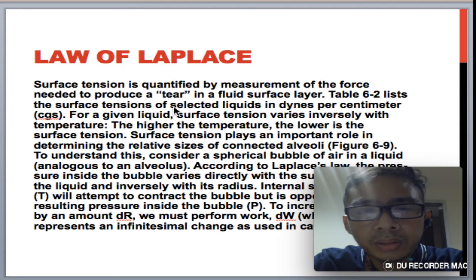Surface tension plays an important role in determining the relative size of connected alveoli. What is alveoli? That is the grape-like structure of the lungs, the alveolar capillary membrane, wherein the gas diffusion occurs. So you may relate the surface tension.